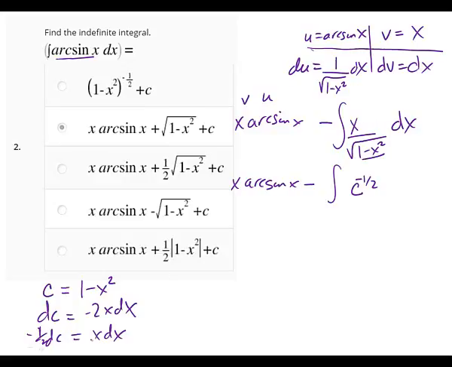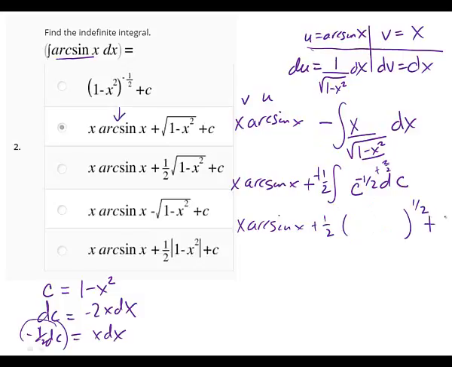For the x dx, I am putting in negative 1/2 dc. So negative 1/2 dc. What happens with my double negative? It goes positive. So we've got x arc sine x, which we better have. Look at all those first parts of those. We have to have that, don't we? All right. Plus 1/2. When I integrate c to the negative 1/2, I get c to the 1/2, divided by 1/2 or multiplied by 2, plus c.